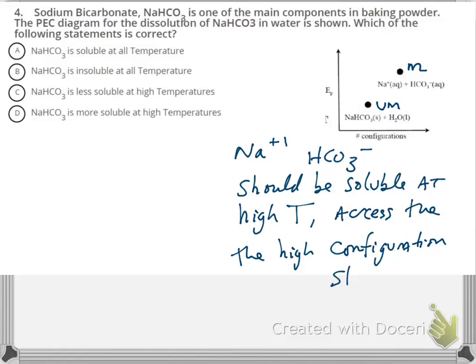Remember, this is the most stable state in terms of configurations, because there's more ways to share the total energy around these configurations. So high configurations and low potential energy are always the most stable system characteristics. And so that means that we expect sodium bicarbonate to be more soluble at high temperatures.